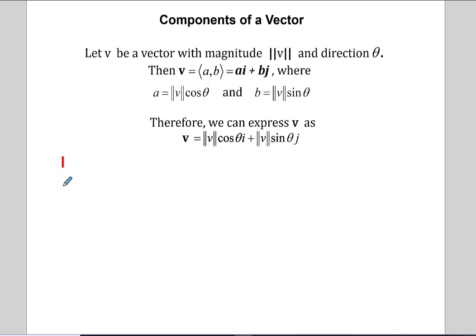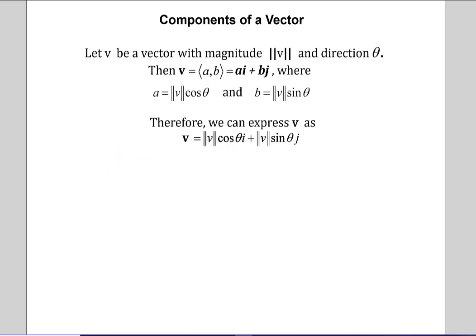Now, in our last lesson on polar coordinates, if you had a polar number that was r and theta, you can kind of see how they're related. r was our magnitude or absolute value or modulus. So it's just different language, but it's the same concept that for this direction you can create some kind of a right triangle.